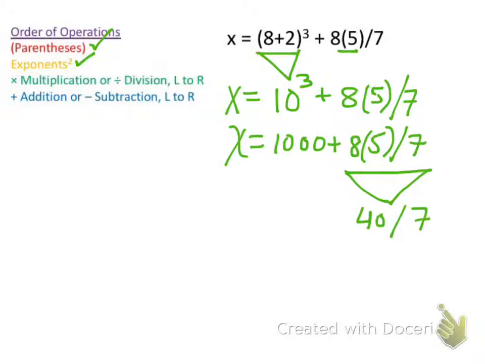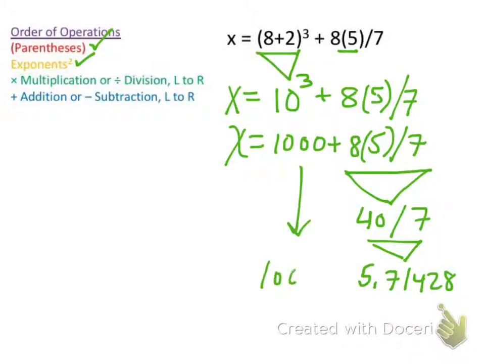We can leave that divided by 7. And now we can do 40 divided by 7. That's something that I prefer to put into a calculator quickly because it's not a nice round number. I find that it's 5.71428. Okay? And again, I just need to plop down the 1,000 and plus. I haven't done anything to that part of the calculation. I just need to carry it down.